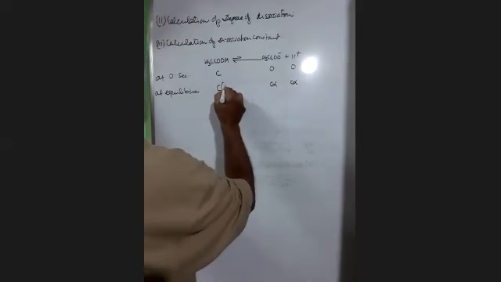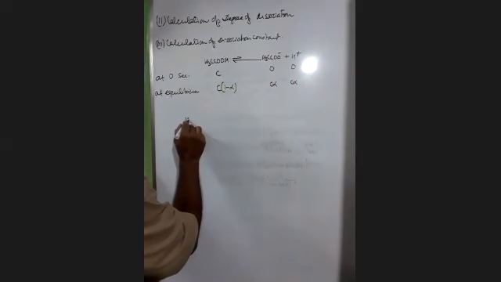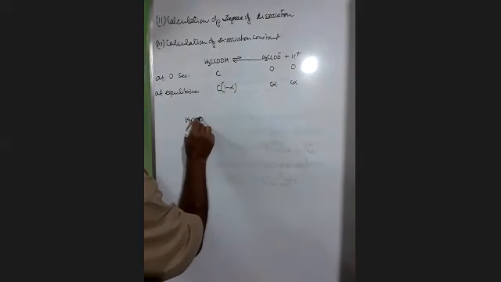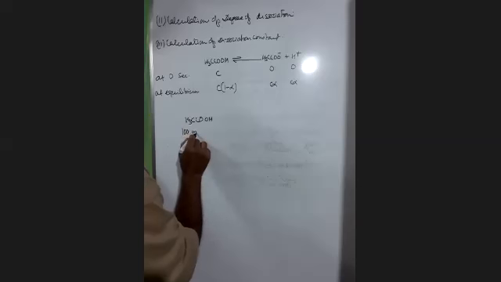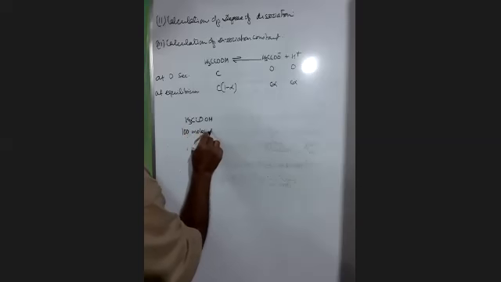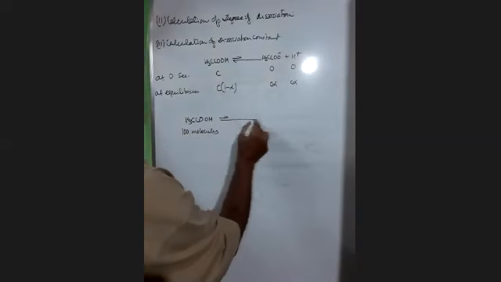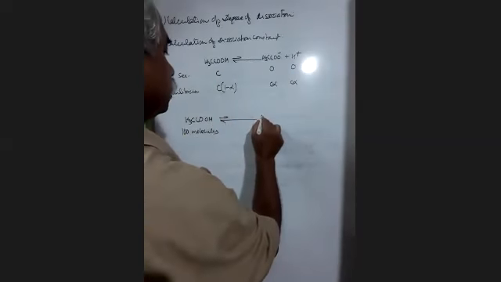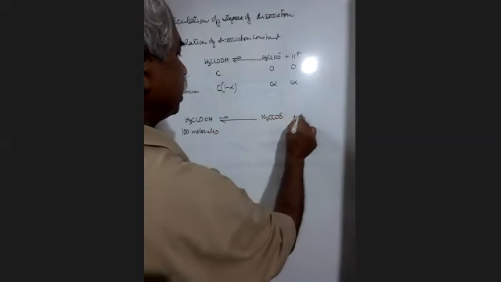And this will be C times 1 minus alpha. I'll tell you, try to understand. Acetic acid undergoes 10% dissociation at room temperature. Suppose I have taken, don't write, 100 molecules. Only 10 molecules break down. Each molecule will give you acetate and H plus.